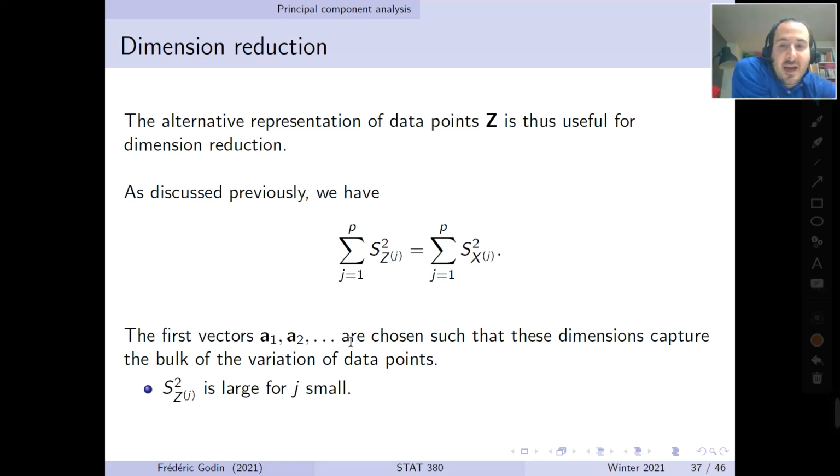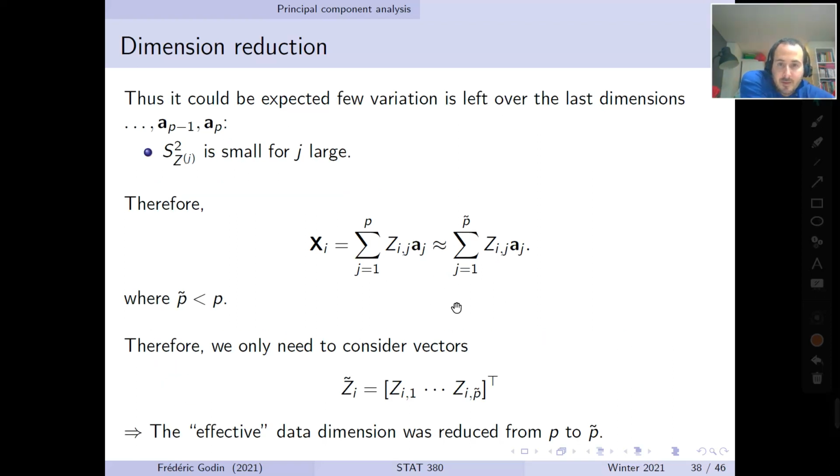If for the first terms of the sum s squared z_j is very large, it must mean that for the last terms, when j is large, the s squares must be small, because their total sum is fixed to the original sum of variance. So this implies that s squared z_j is very small for large j.